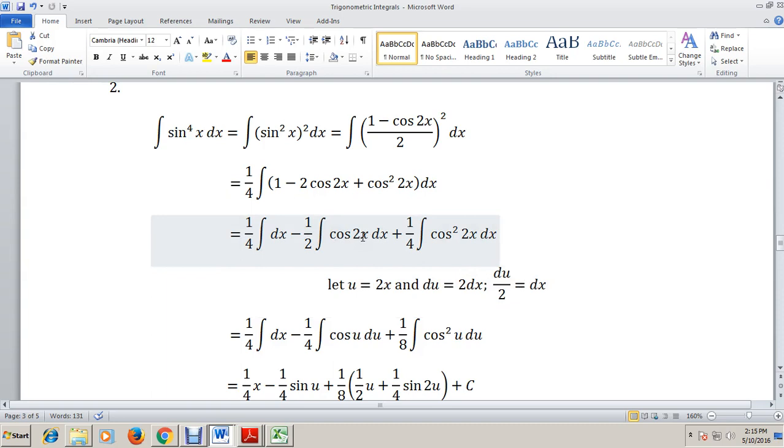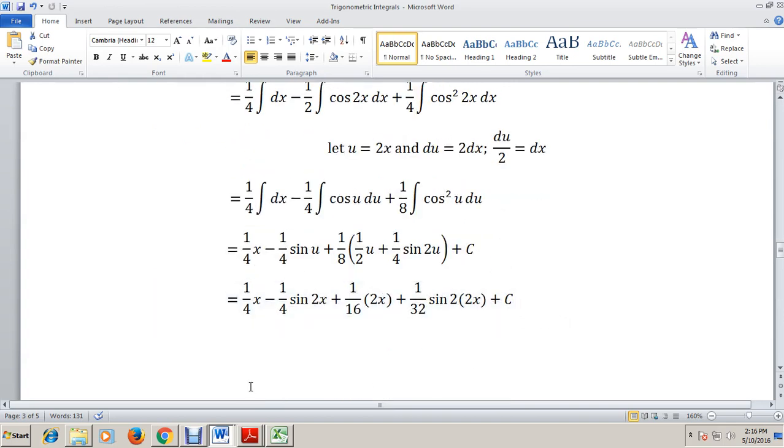Replacing 2x with u, that becomes cosine u, and dx with du over 2, so this becomes du over 2 times the 1/2 outside, that becomes negative 1/4. Plus this becomes cosine square u du over 2 multiplied by 1/4 outside, that becomes 1 over 8.